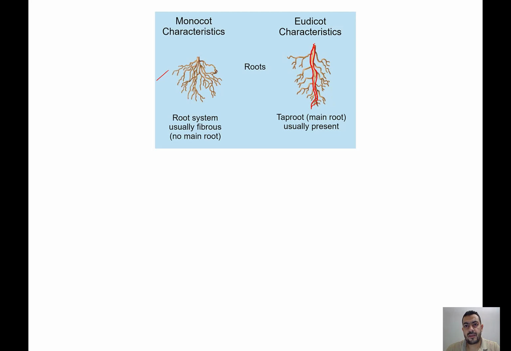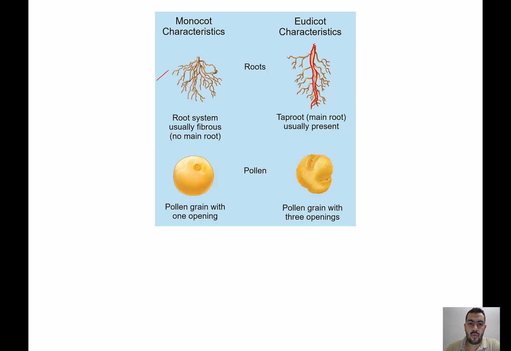One example of that is the carrot. So the carrot is the main root of the plant, and as you can see, it grows very big, and all the nutrients are being deposited in that root. Then one other way also is by looking at the pollen.